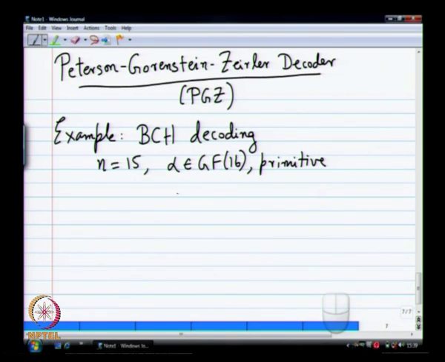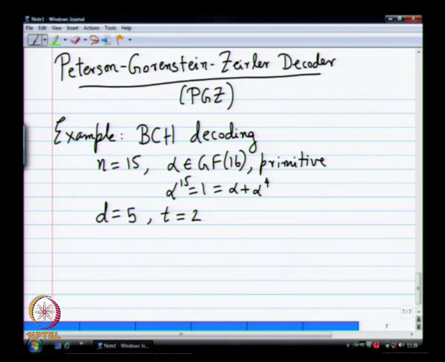So you have alpha power 15 equals 1, and alpha power 4 equals alpha plus 1. And we'll look at the code with d equals 5, or t equals 2. A 2 error correcting code.